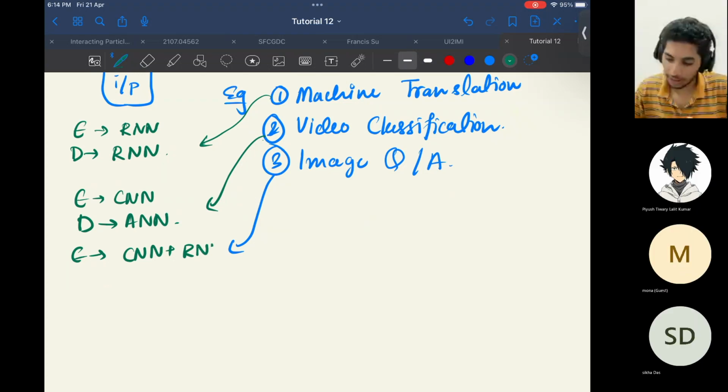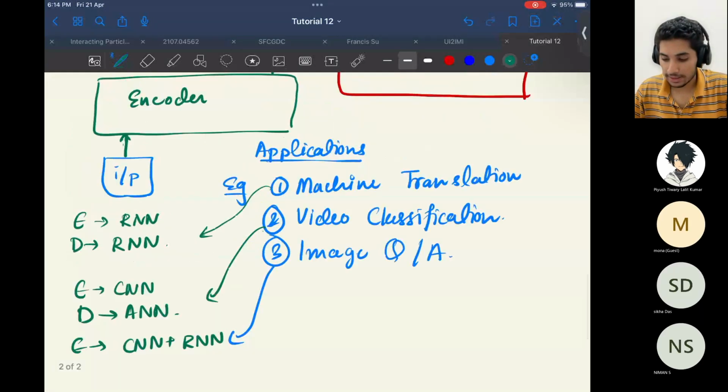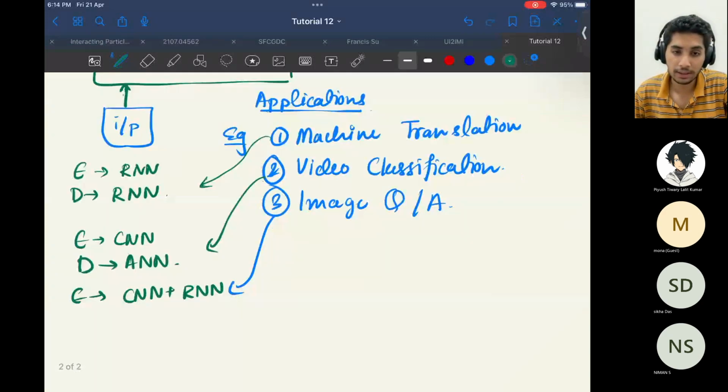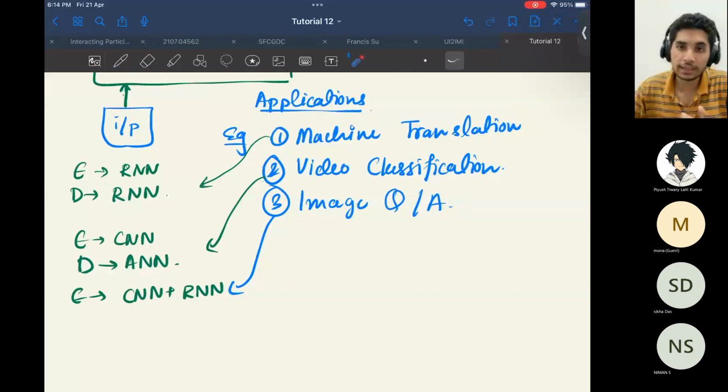Because you are giving an image as input, so the image part is handled by the CNN. However, there is also a question that is being asked, and that question is actually a sentence. And we know that sentences are dealt with by RNN. So you need both CNN and RNN in your architecture to deal with image question answering.